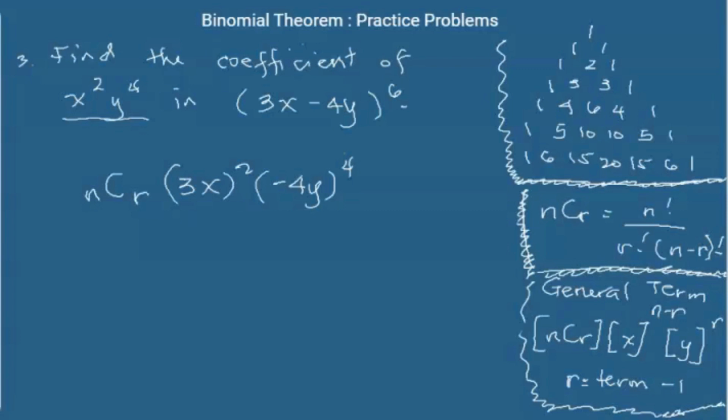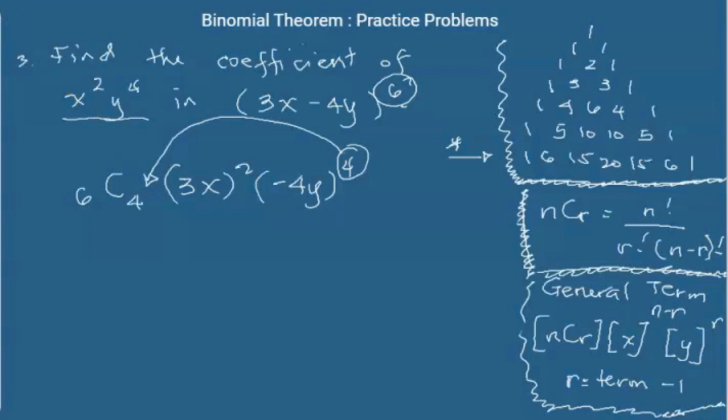What is n? That is the exponent, 6. So it means the 6th row of the Pascal triangle. So n is 6, and our r is related to this, so r is equal to 4.